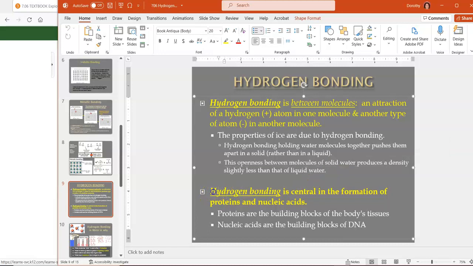So hydrogen bonding is very important also in living things. The formation of proteins and nucleic acids, think DNA, RNA, you'll learn more about that in biology next year. The building blocks of life, the body's tissues, those all depend on hydrogen bonding because what they do is they make molecules stick together.